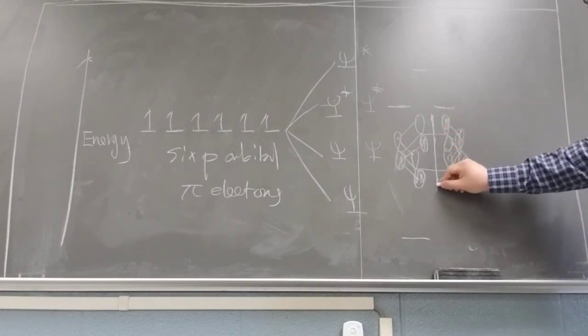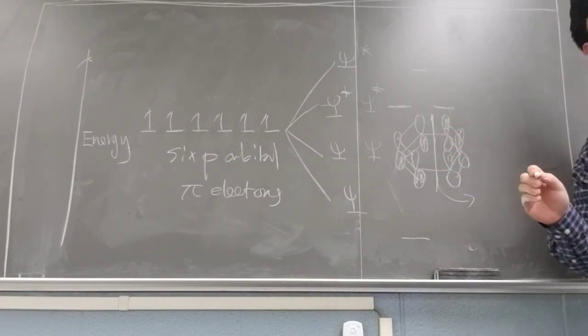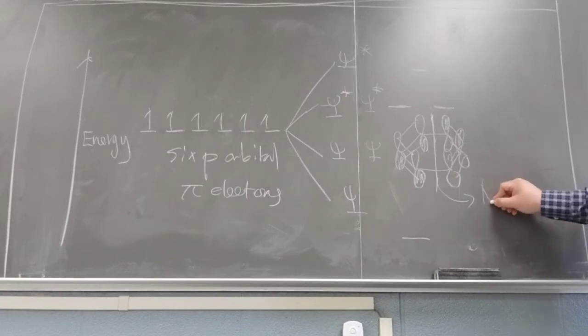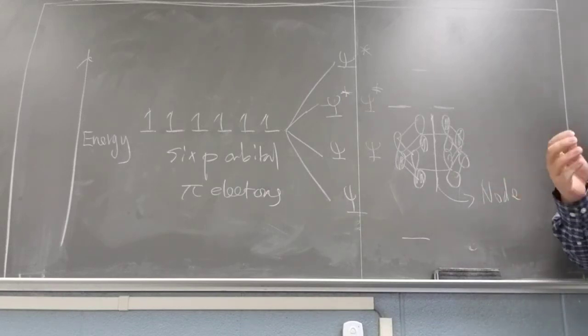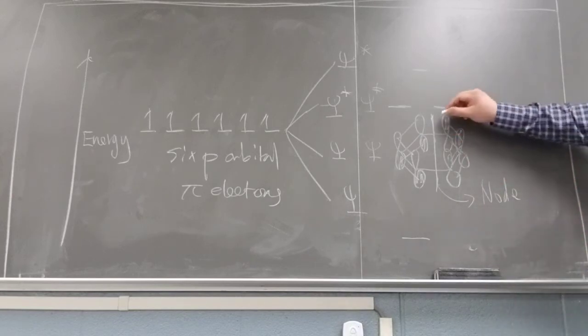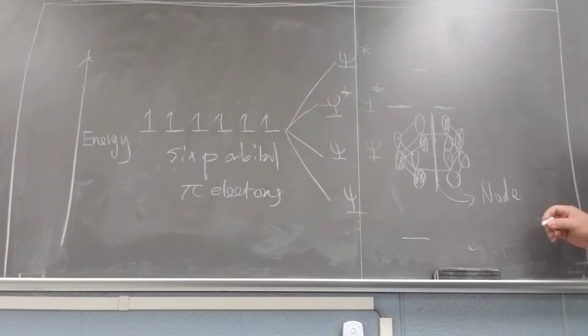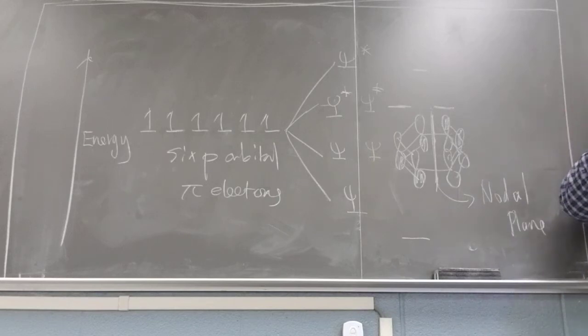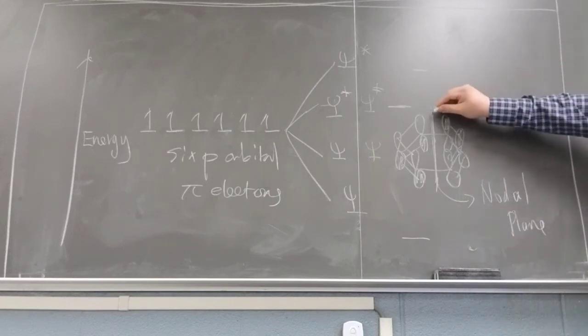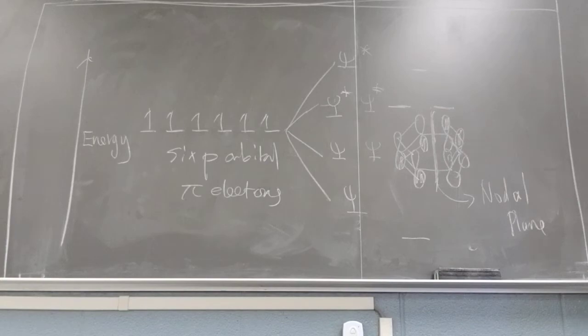Do you guys remember we used the node for the diene pi p orbital? But this is a node that is like a giant plane, so we call this a nodal plane. One giant plane where we cannot find the electron, crossing right through the center of the benzene.